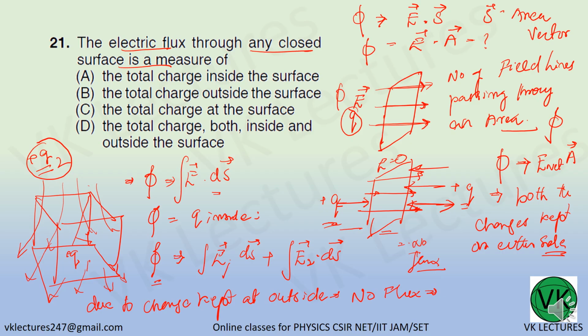That means net flux due to q2 will be equal to 0.